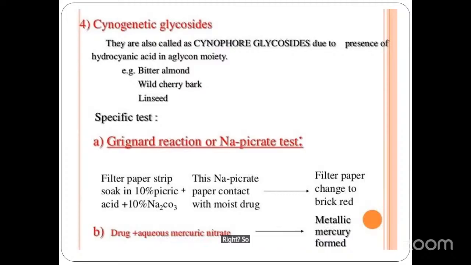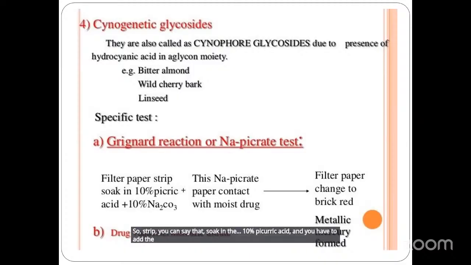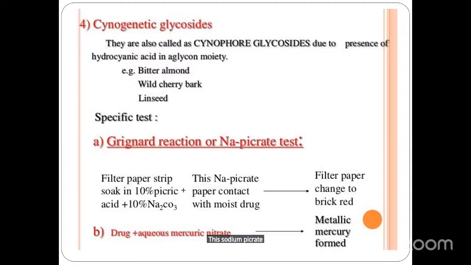You take a filter paper strip and soak it in 10% picric acid, and you add 10% sodium carbonate. This sodium picrate paper is put in contact with the moist drug, and the filter paper turns brick red.